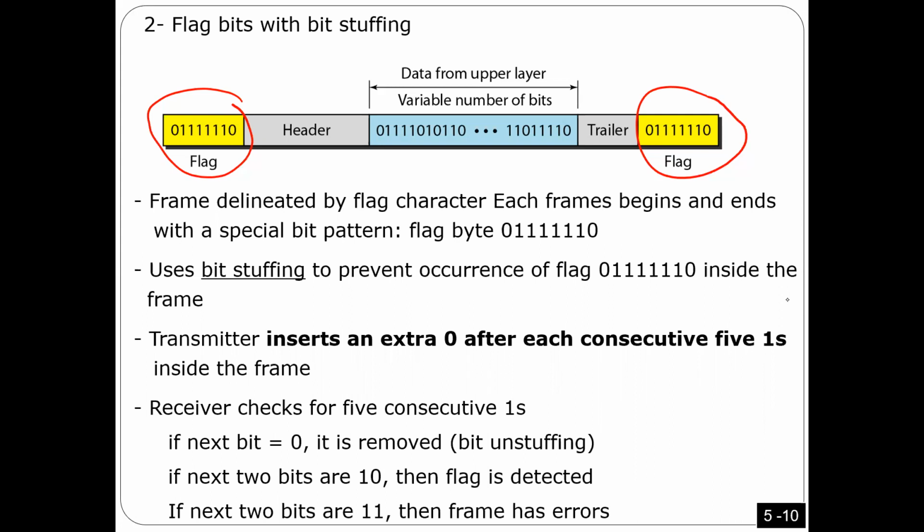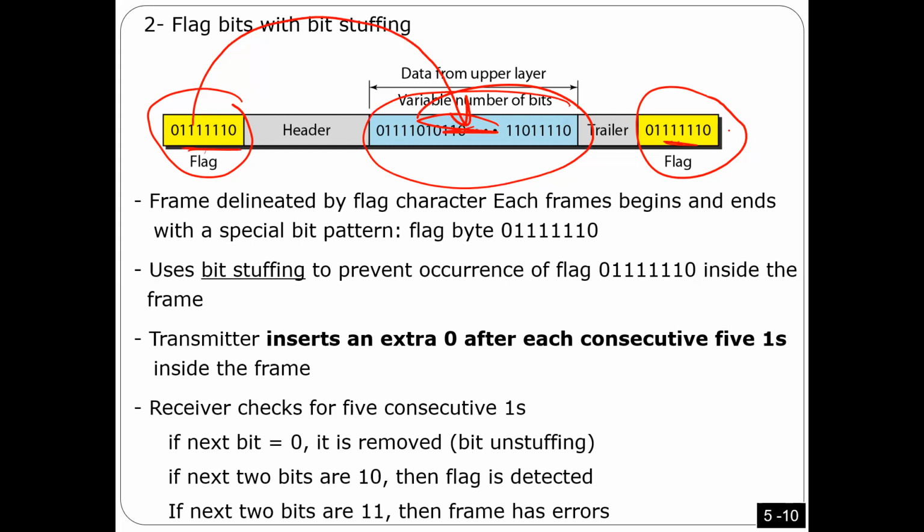No, the error here is, what if, because you have some data here, what if by accident this flag happened here? What do you mean by flag? Flag is a special pattern, which is 0, six 1s, and 0. So every time I see 0, 6 ones, 0, this is the flag.